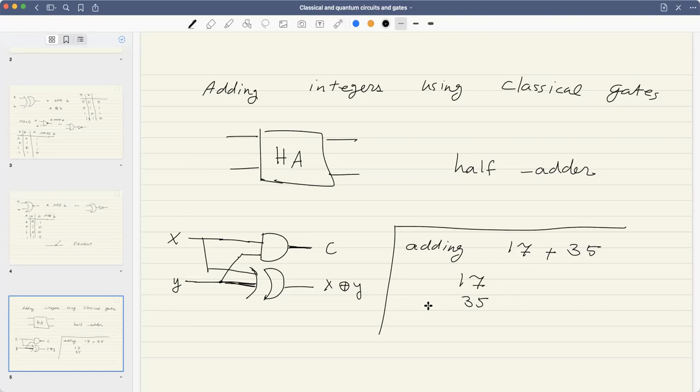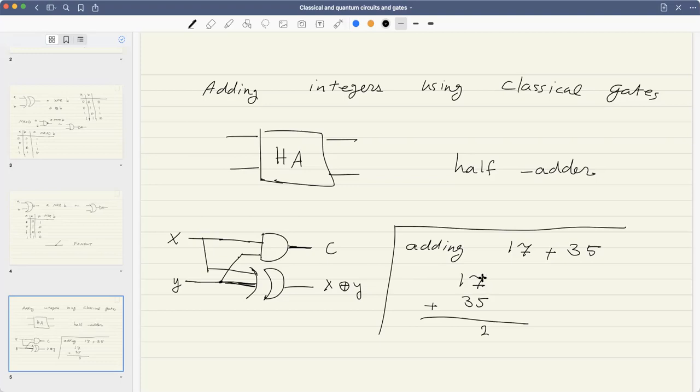Then there is this column addition, right? So we add 7 plus 5, that gives us 12. So 12, I break it into two parts, right? We have the first digit, that's 2, and then that 1, which is an additional 10. So think of 12 as 10 plus 2. Gives a 1, and it goes to the next column.